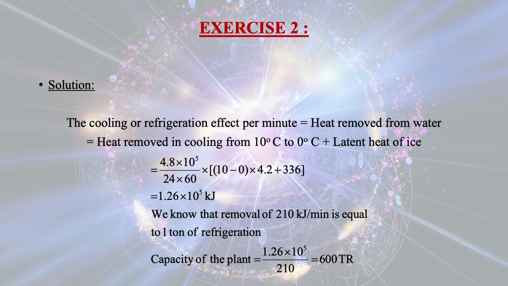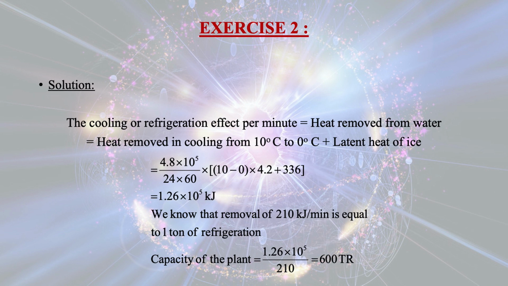The cooling or refrigeration effect per minute is equal to heat removed from water. Now, heat removed in cooling from 10 degrees centigrade to 0 degrees centigrade plus latent heat of ice. So that comes out to be 1.26 into 10 to the power 5 kilojoule.